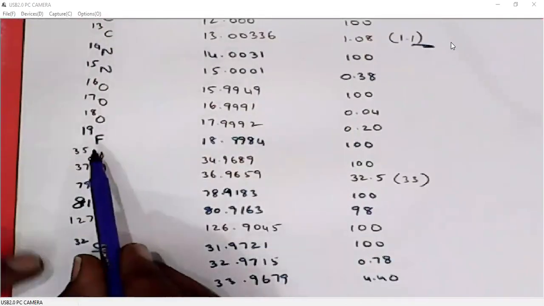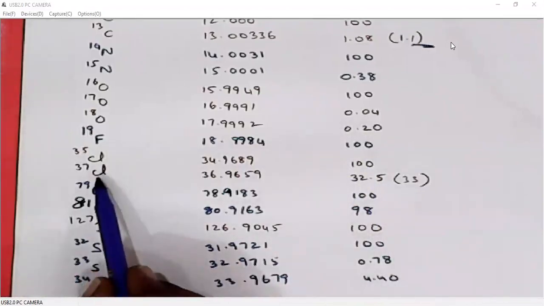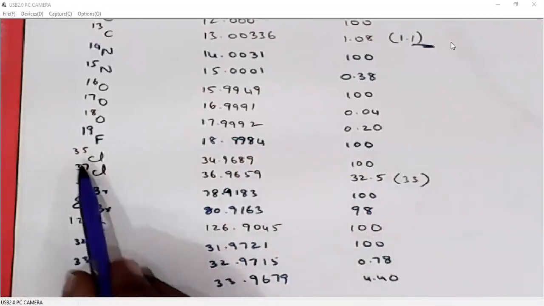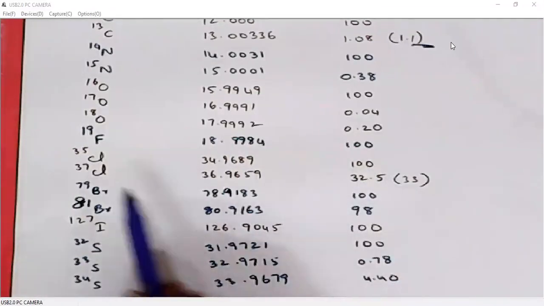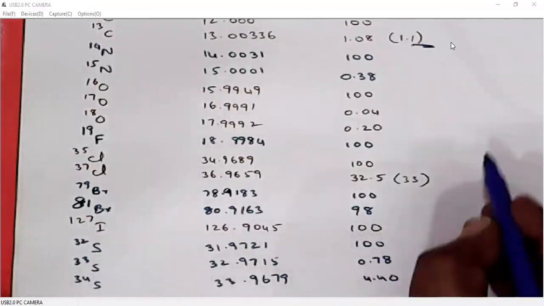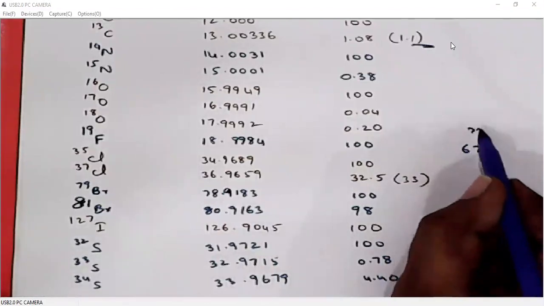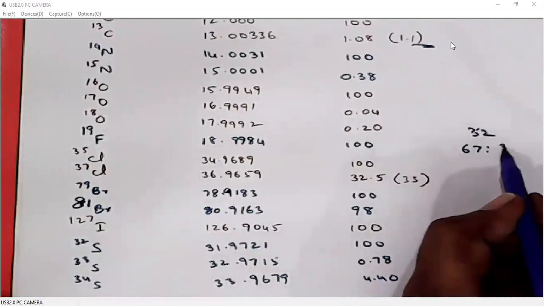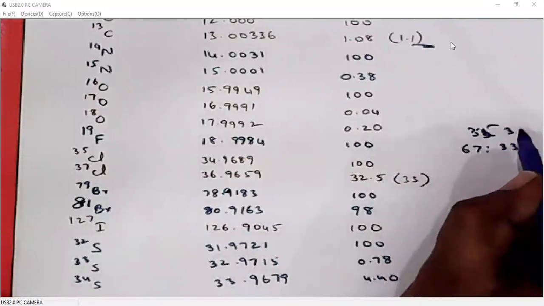Similarly, fluorine 19 is 100%, it doesn't have any isotopes. Chlorine has two isotopes, chlorine 35 and chlorine 37. Chlorine 35 is 100% available, chlorine 37 is 33% available. So that means if you take a chlorine sample, out of the total, 67% is 35 and 33% is 37.